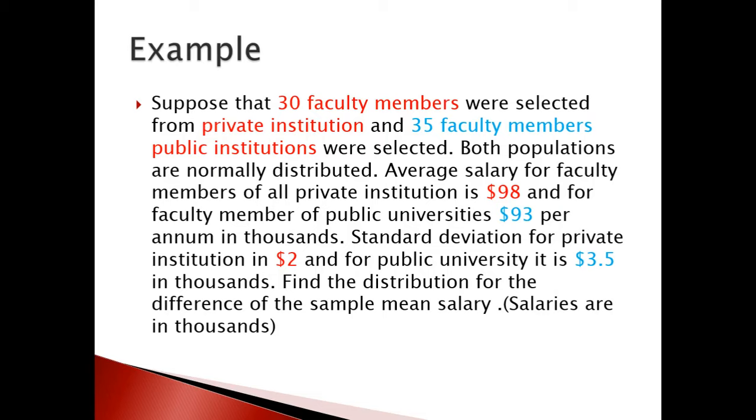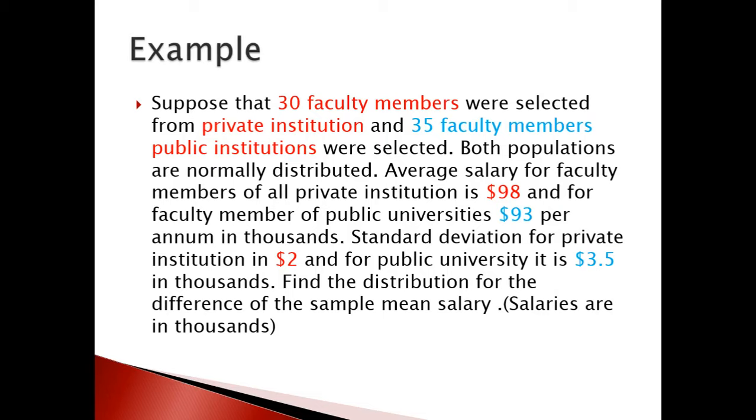Both populations are normally distributed. The average salary for faculty members of all private institutions is $98 and for faculty members of public universities $93 per annum in thousands. The standard deviation for private institutions is $2 and for public universities it is $3.5 in thousands.